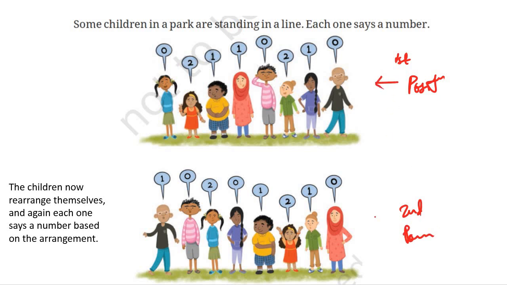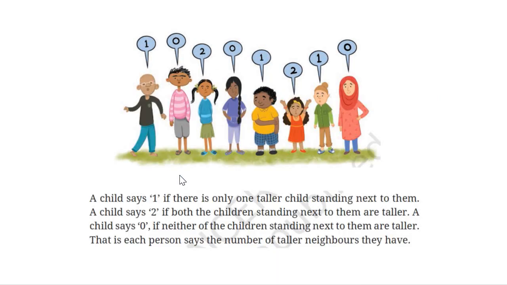Okay, now see, in each case the numbers are different. See, this fellow, his number was 0, whereas he was standing at the end. He is also standing at the end over here, but the number is 1. So what is this number? What does this signify? Let's see.